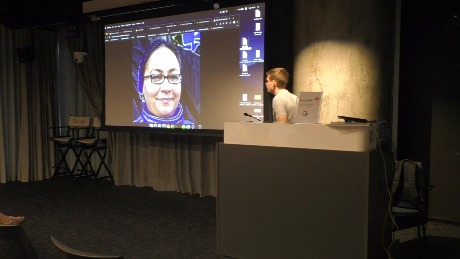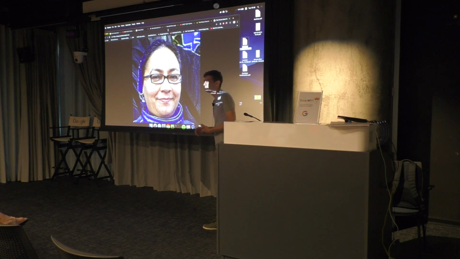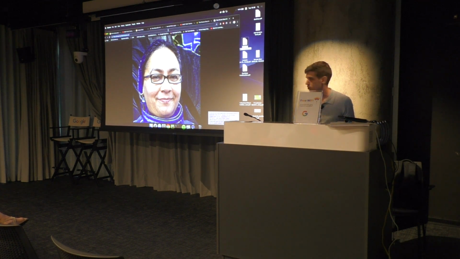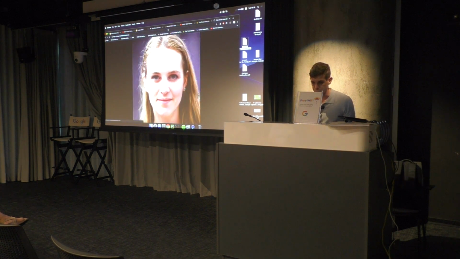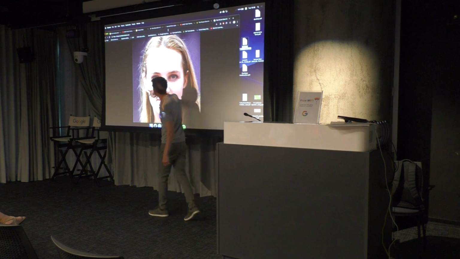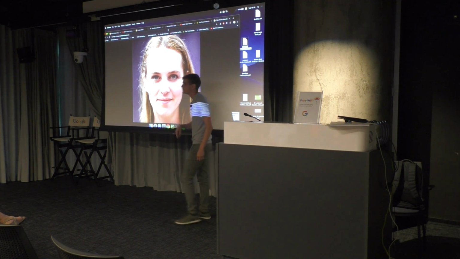So these are all people that do not exist. These are images generated by a generative adversarial network in a technique that we're going to talk about in the next few slides. And you can see here some errors that the model has.